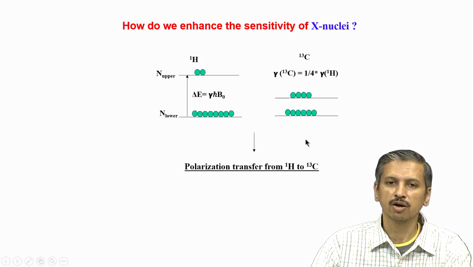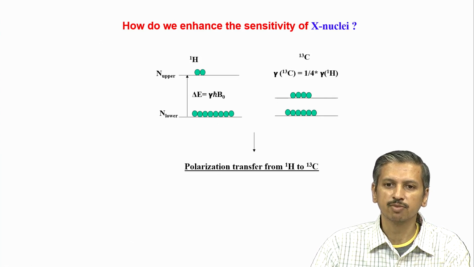So, what we do is enhance this polarization, that means I can enhance the difference if I can somehow transfer the difference from here to here. This is called polarization transfer. Polarization transfer, in layman's terms, you can think of as a bank balance.